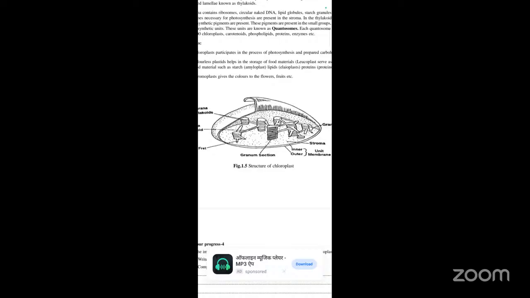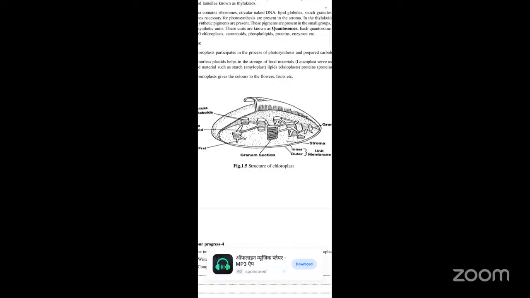And the next topic is the nucleus. The nucleus was discovered by Robert Brown in 1831.